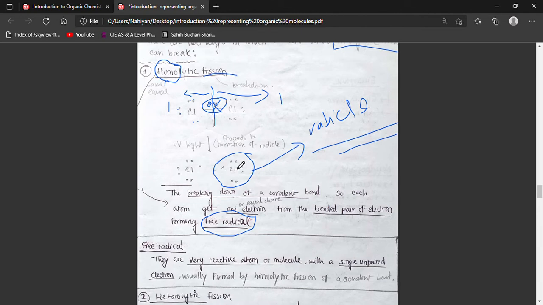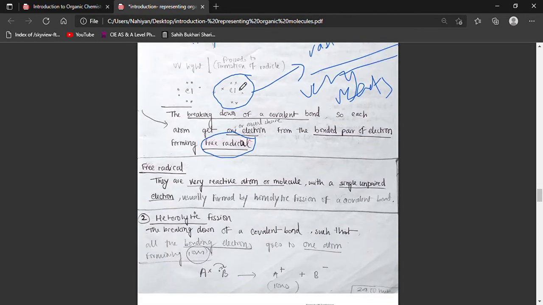However, it is not stable because the outer shell is not full, so this atom is very reactive. It may readily react with hydrogen and any chlorine in the atmosphere.